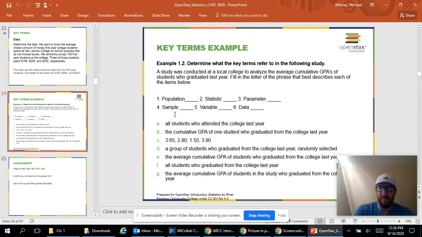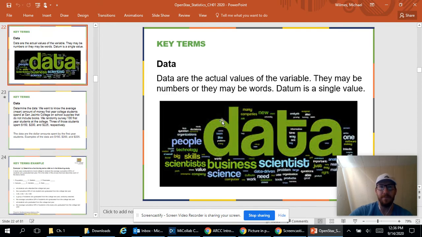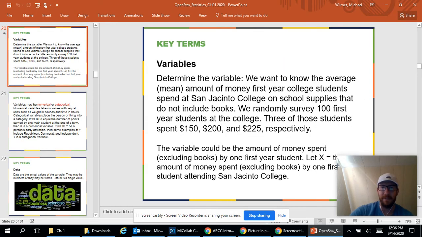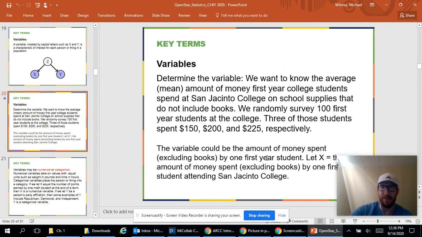All right, sample. The next ones are more straightforward. Sample is our smaller group from the whole population, and that would be letter D. It's a group of students who graduated from the college last year. And then variable, remember, we go back to variable. This was the letter that represents each individual person, so one person.